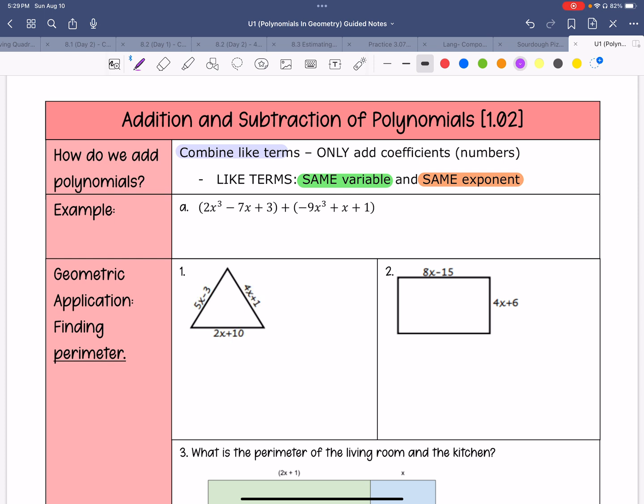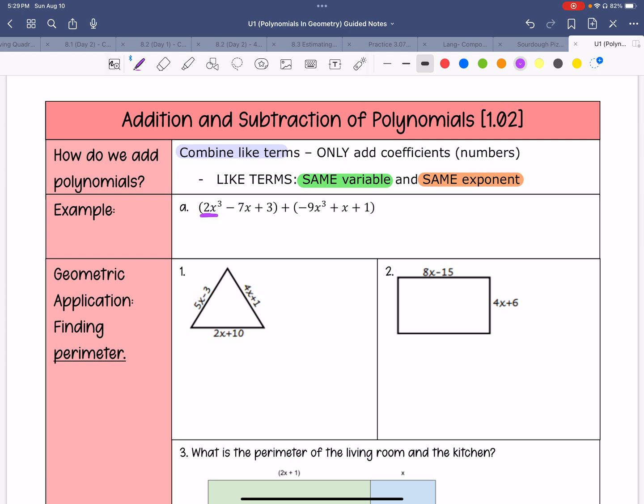So if I look at my first problem, I noticed that I have 2x cubed minus 7x plus 3 plus negative 9x cubed plus x plus 1. So the first thing I want to do is I want to start with my very first term. So I'm looking at 2x cubed.